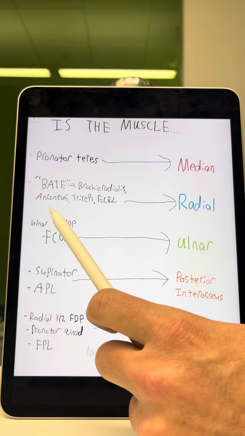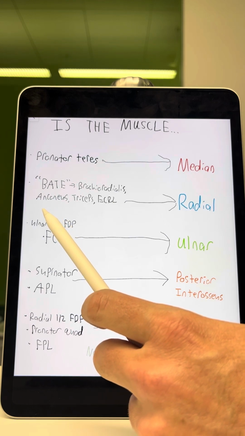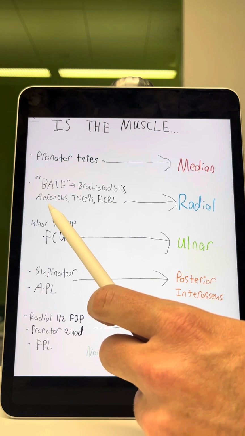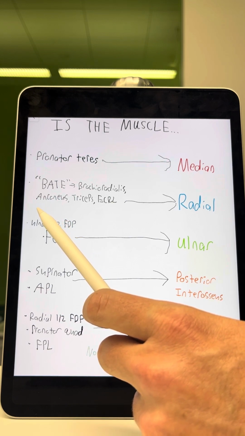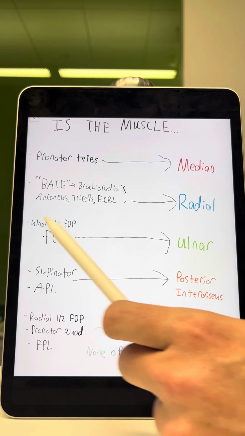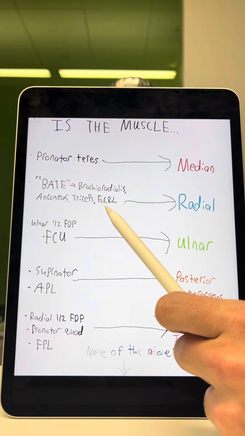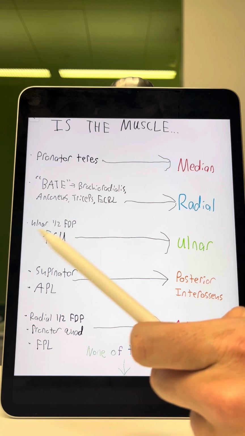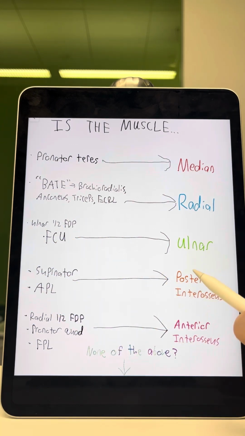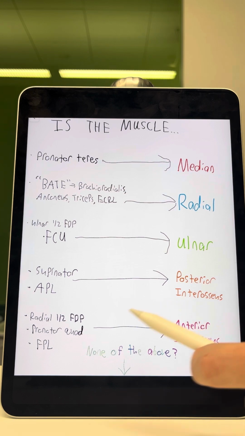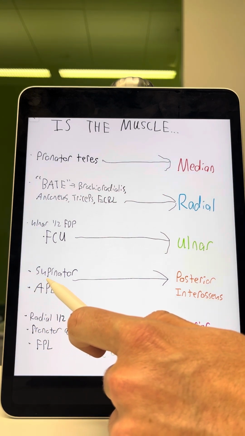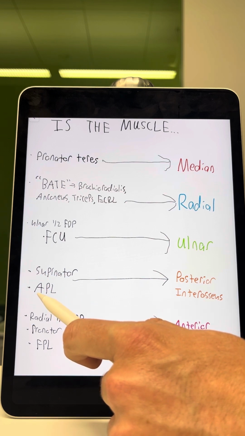For the radial nerve, I made an acronym called BATE, B-A-T-E, and that just stands for the brachioradialis, anconeus, triceps, and extensor carpi radialis longus. Those are all innervated by the radial nerve. And additionally, with the posterior interosseous or the PIN nerve, remember that those are innervated by the supinator and the abductor pollicis longus.